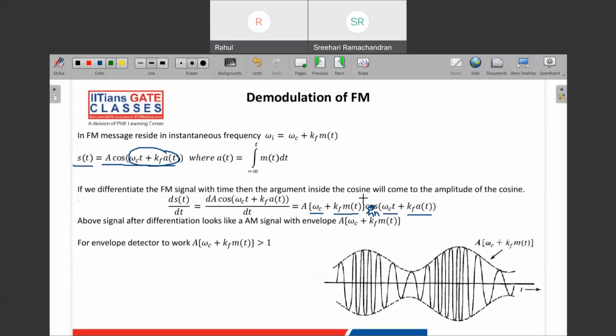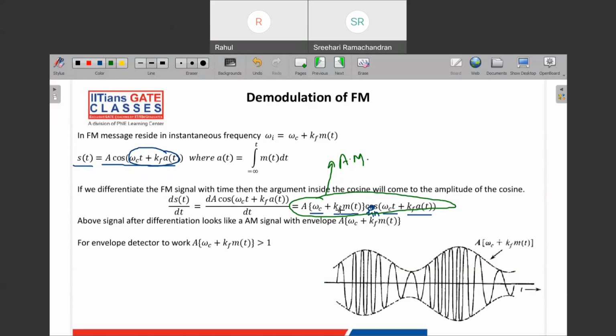Now, if you see this complete signal, it actually looks like an AM signal. Why? Because here the message is in the amplitude also. Because of that, it looks like a kind of AM signal.